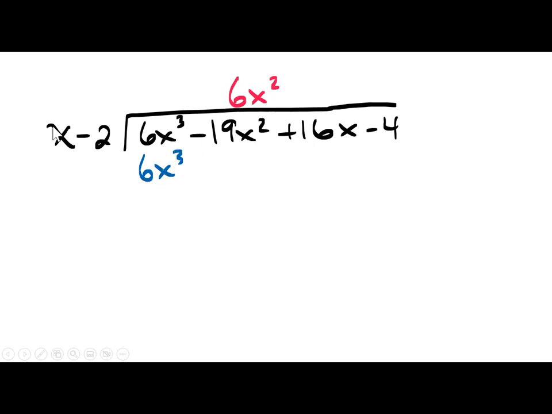Then we go 6x squared times a -2. Anyone? Negative 12x squared. And then what do we do in long division? We subtract, because we're trying to get rid of this little 6x cubed right here. The only thing is, subtraction of polynomials gets a little crazy because you've got to be subtracting this from this.